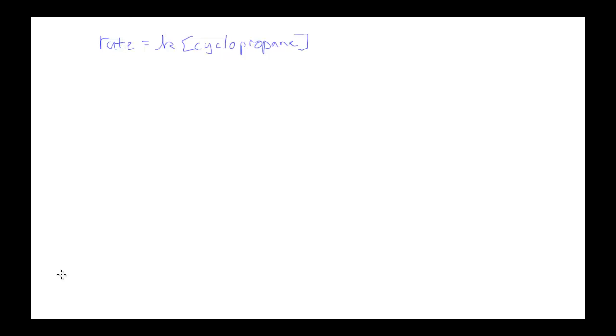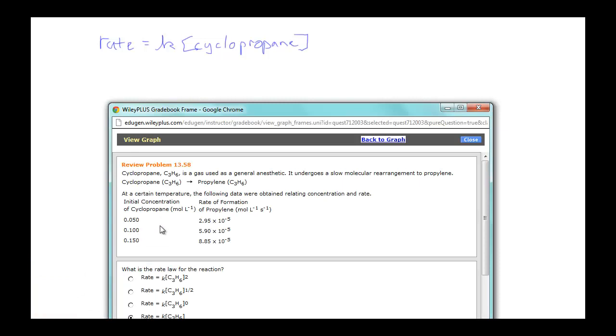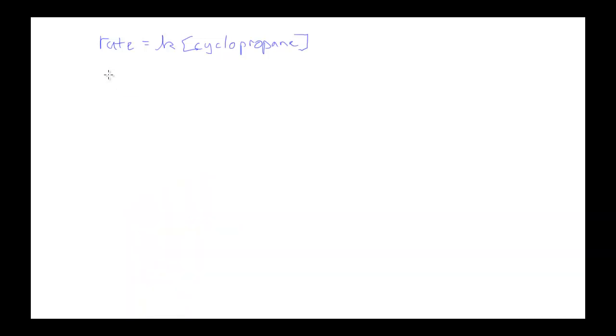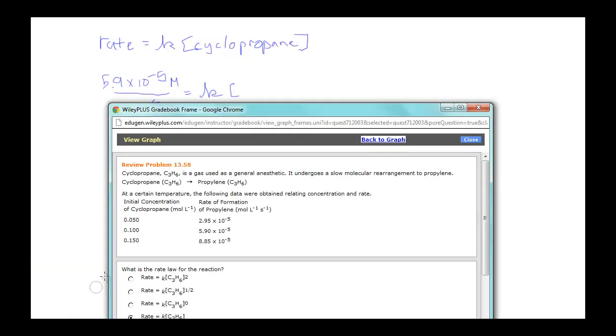You can take any 2 points. So I'm just going to pick the difference between 0.1 and 0.05 concentrations. I'm going to start off with 5.9 times 10 to the minus 5th molar per second equals the rate constant times the concentration of cyclopropane, which is 0.1.